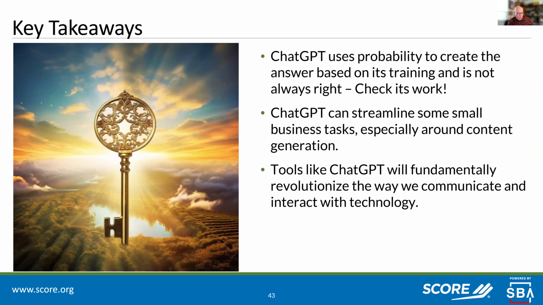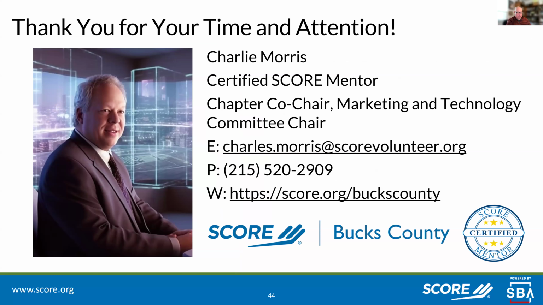Okay, I'm almost done. Then we have time for Q&A. So the key takeaways: it doesn't think like people. It's a mathematical model. It sometimes gets things wrong. Check its work. It can streamline a lot of tasks, as you've seen. ChatGPT is fundamentally changing the way that we do things.